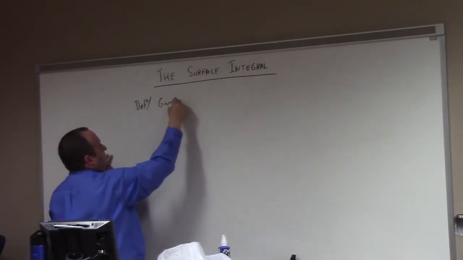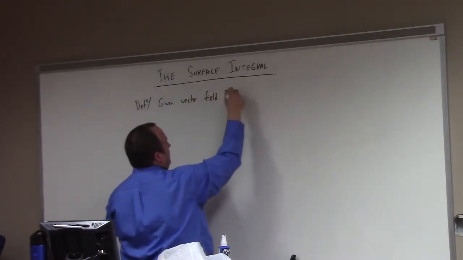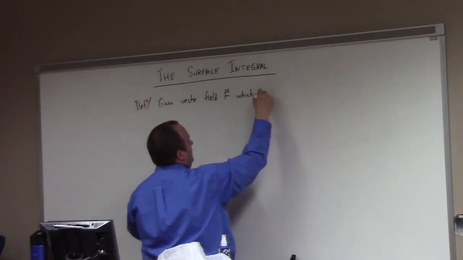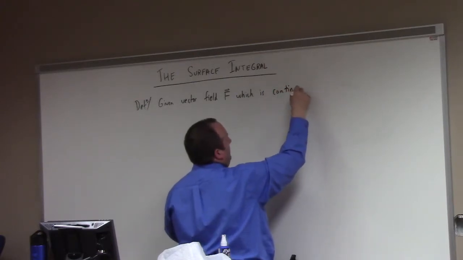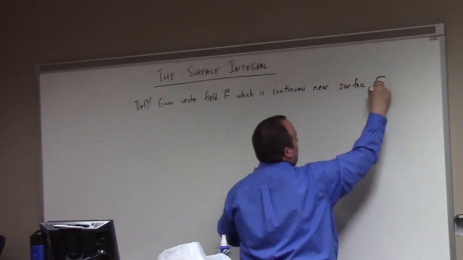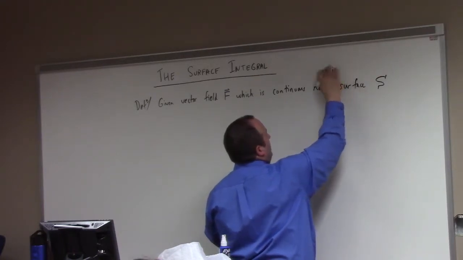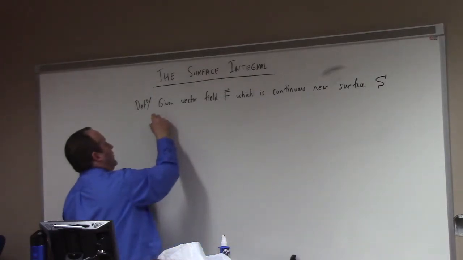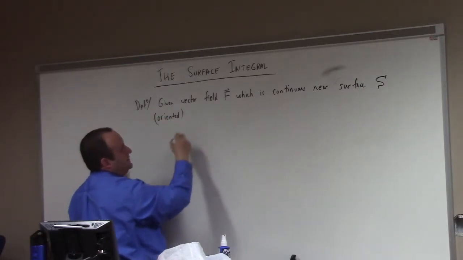Given a vector field, let's say F, which is continuous near surface S. To be more specific, it's an oriented surface S, which is, well, I'll just put parentheses, oriented with parameterization.